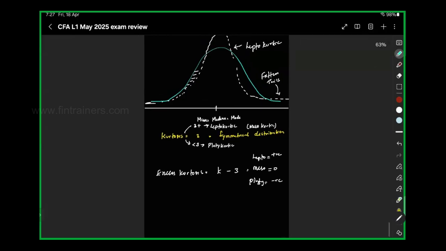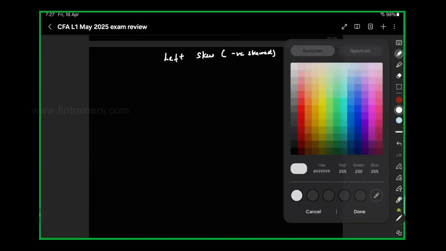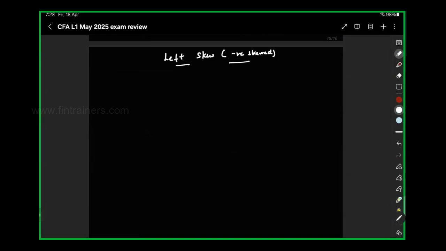Skewness, on the other hand, is talking about the symmetrical nature. The skewness can be on either the left side or the right tail. In the left skew, or negative skew, which is the common scenario we see in the markets, it's often a left-skewed distribution.